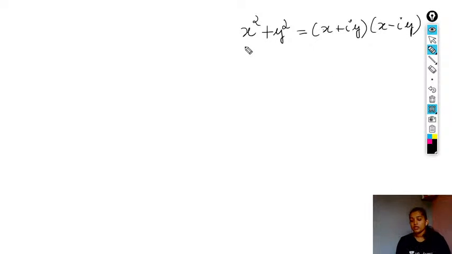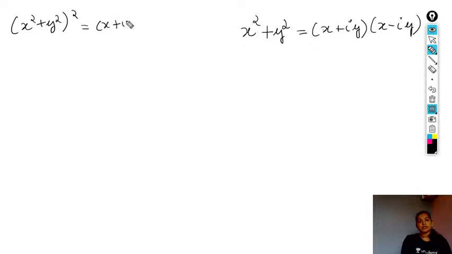Whenever you have the sum of the squares of two variables, you can split this in terms of complex factors as x plus iota y into x minus iota y. Now we are asked for the value for x square plus y square, the whole square. So what will this value be equal to? This will be x plus iota y, the whole square, into x minus iota y, the whole square.